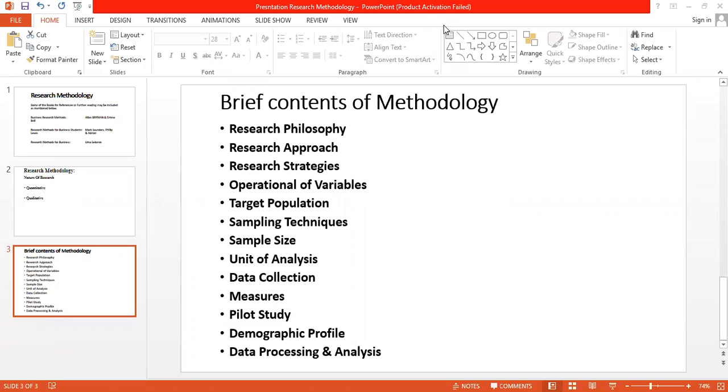In a research paper, you write about 2 to 3 pages, or 2 pages are enough for research methodology. But in a thesis, you will discuss in detail about 10 to 15 pages of research methodology.